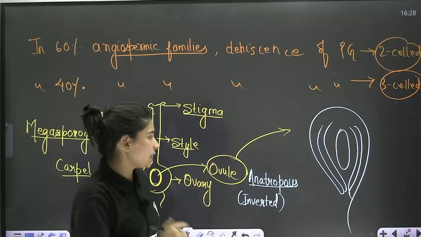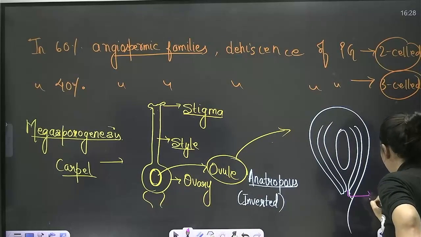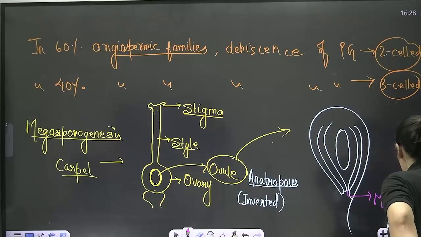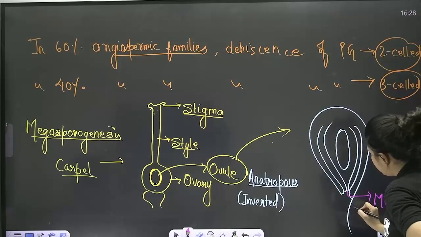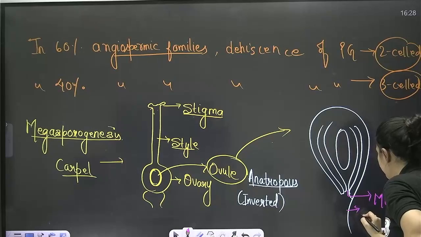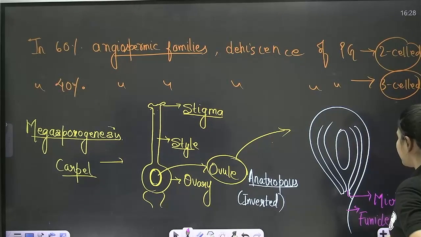Now, you see there's a slight opening. The opening of the ovule is known as micropyle, right? Then this stalk-like structure which you see is known as funicle, correct?